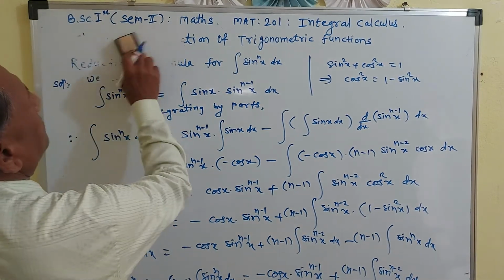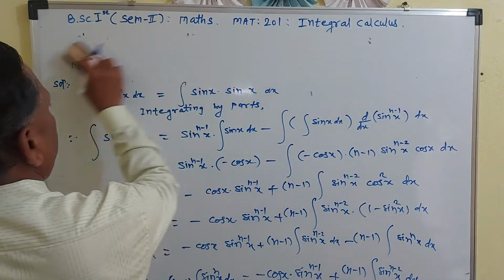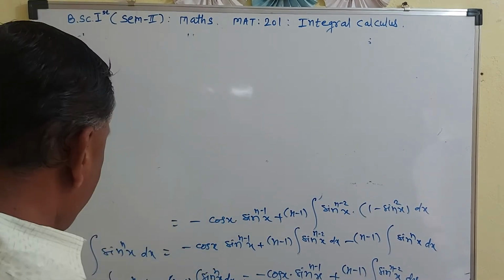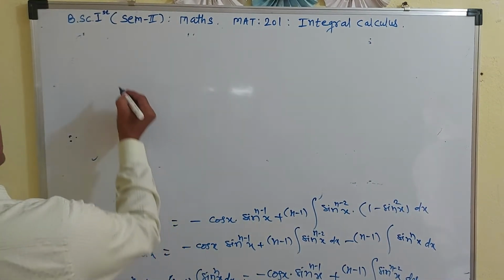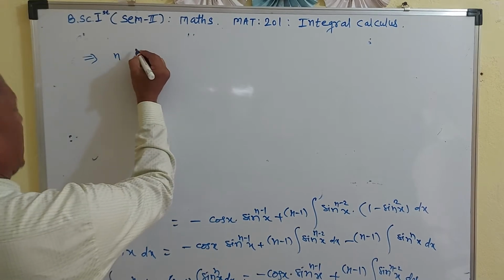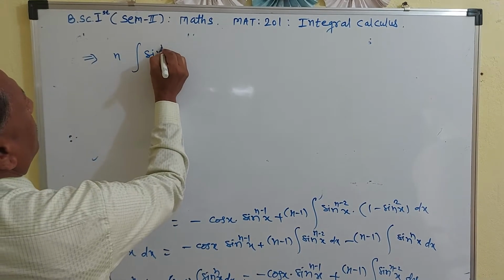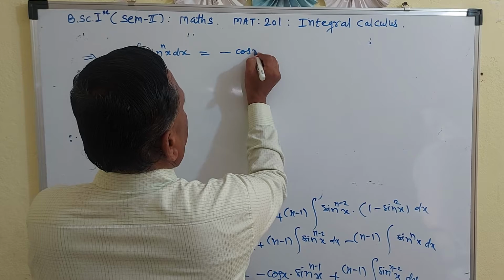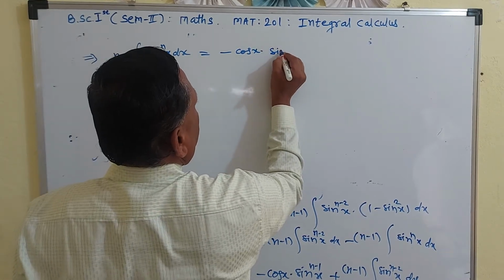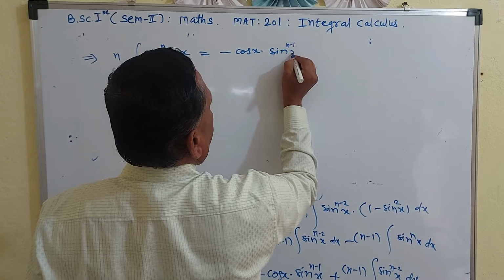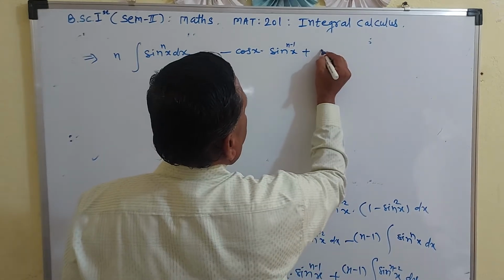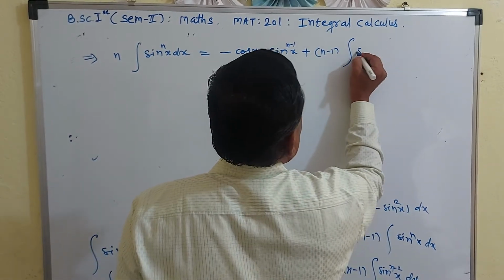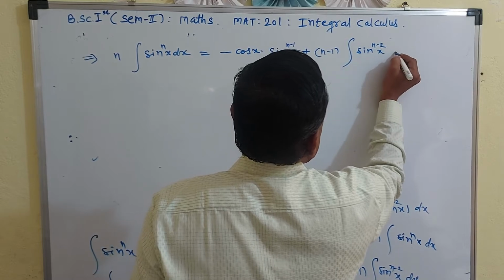So this can be written as n into integration of sin raised to n x dx is equal to minus cos x into sin raised to n minus 1 x, then plus n minus 1 into integration of sin raised to n minus 2 x dx.